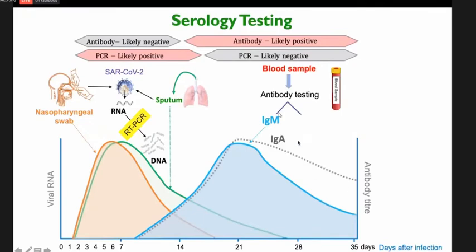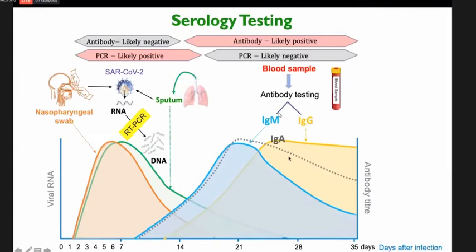The IgA response develops early and coincides with the IgM, peaking at around 18 to 21 days, and appears to be even stronger and more persistent than the IgM response.